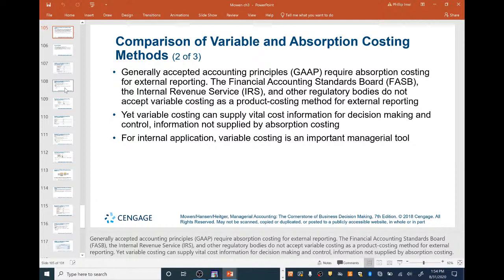However, variable costing can still supply vital cost information for decision making and control, which is not supplied by absorption costing. For internal application, variable costing is an important managerial tool. So what are we saying here?